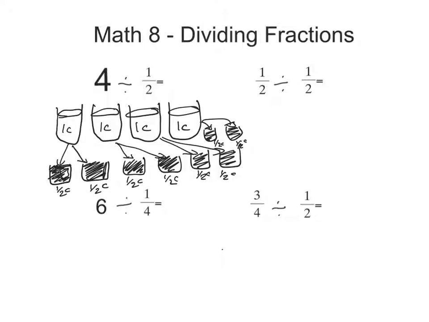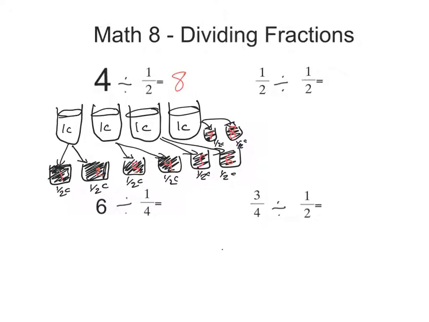We end up with 1, 2, 3, 4, 5, 6, 7, 8 half cups. So if I took 4 cups and I divided it into half a cup, I would end up with 8 half cups. Okay? Let's look at the next one.